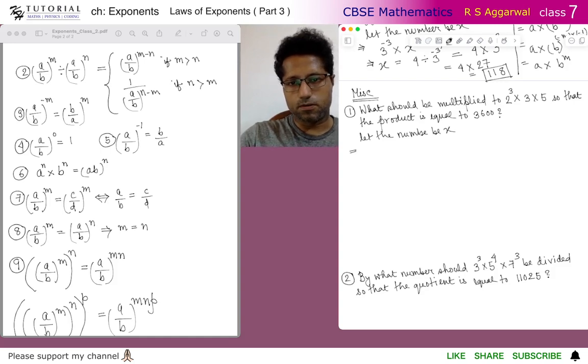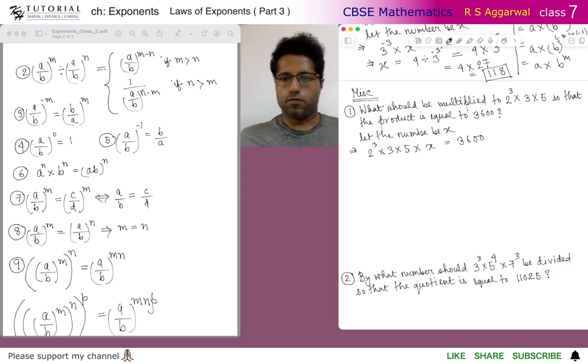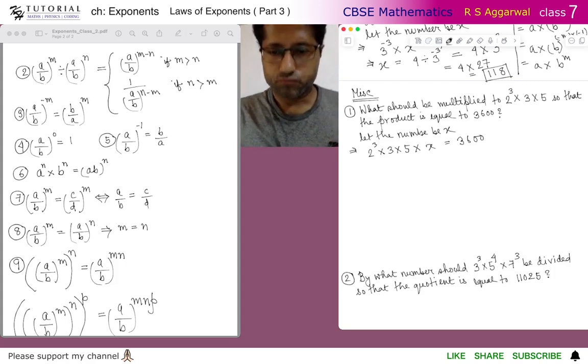As per the problem statement, we should have 2 cube multiplied by 3 multiplied by 5 multiplied by x equal to 3600.